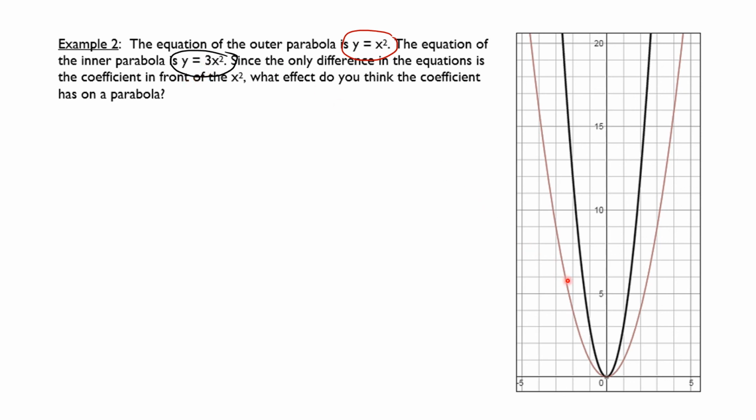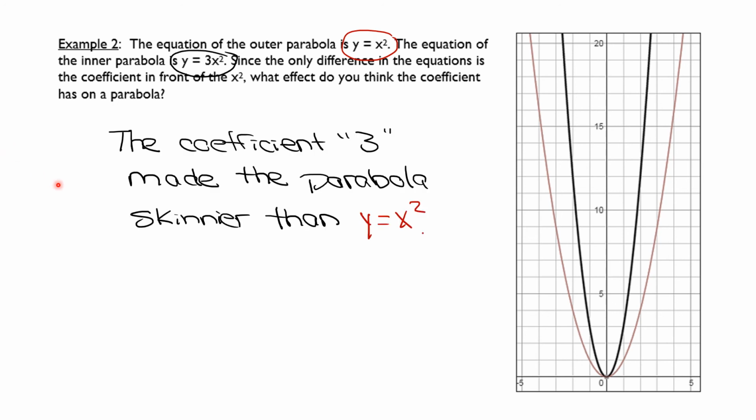Well, it looks to me like it made it skinnier, right? The red one is wider than the black one. I'm just guessing right now, but I think that it makes it skinnier. The coefficient 3 made the parabola skinnier than y equals x squared. So this is my hypothesis. This is what's happening here.